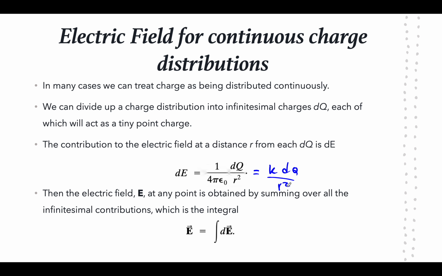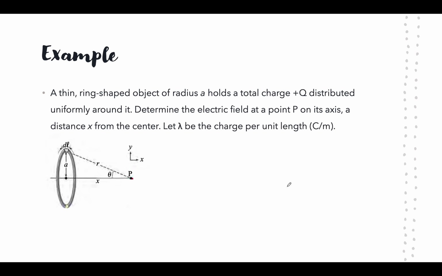So to find the total electric field created by an object with continuous charge distribution, we're just going to integrate the sum of all the electric field differentials. Let's look at an example. Here we have a ring-shaped object of radius a that has a total charge plus q distributed uniformly around it.